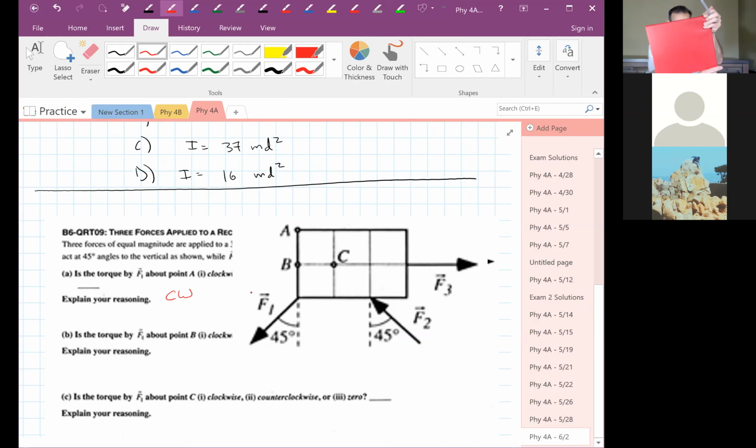Well, I guess F1 is really over here, right? A is in this corner, looking down on the page, and then F1 is pulling down like this, causing it to go clockwise. Did I get that right in the camera? So if you gave this a tug right here, this whole board would swing in that direction.